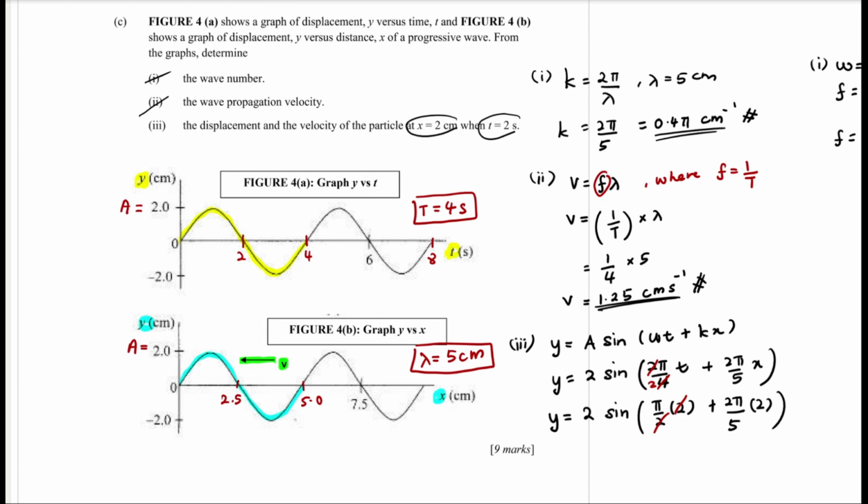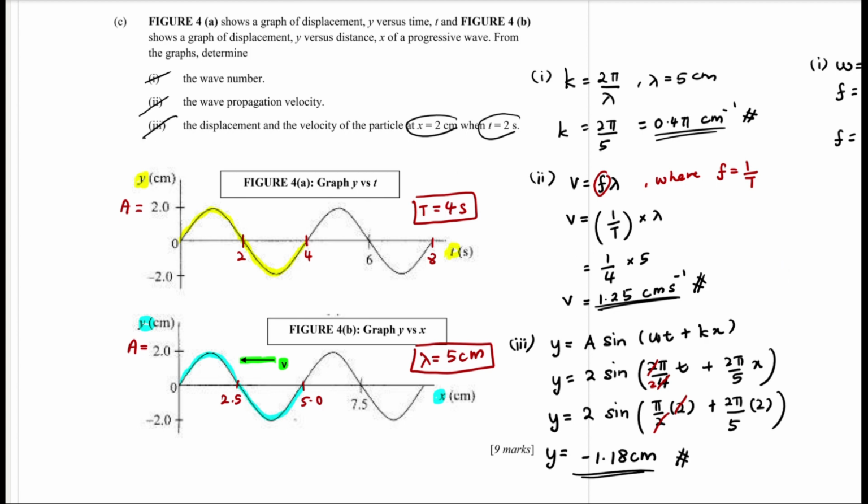Okay, so mana yang kita boleh cancel tu kita cancel. So, akhirnya you akan dapat y is equal to negative 1.18 cm. Bukan meter sebab tadi semua kita punya k dalam per centimeter. So kita punya x ni pun kita masuk centimeter. So y ni mesti dalam centimeter. Okay. So finish question 6C.